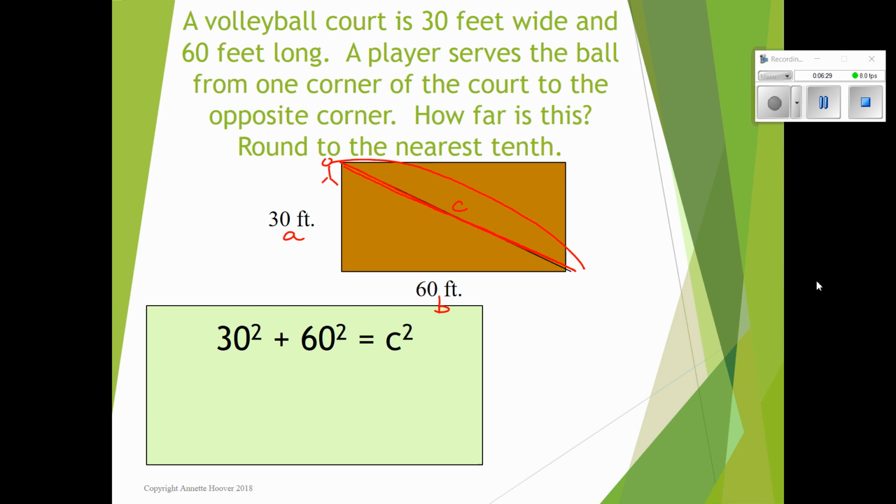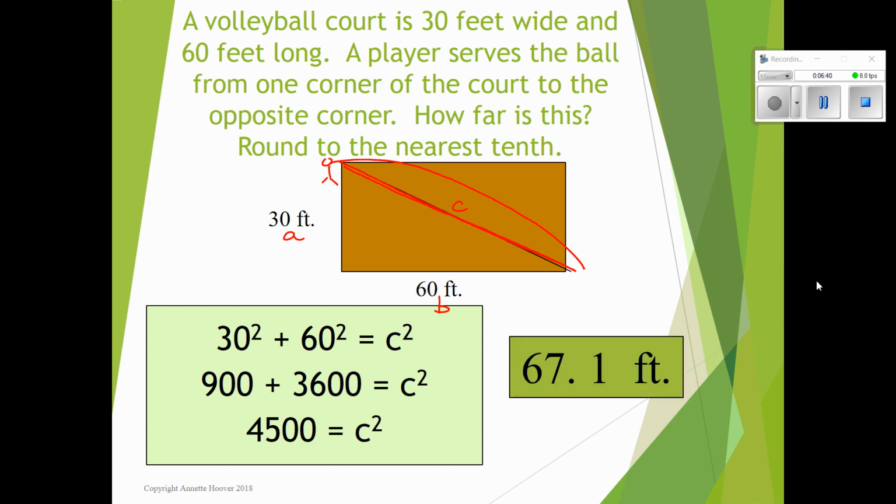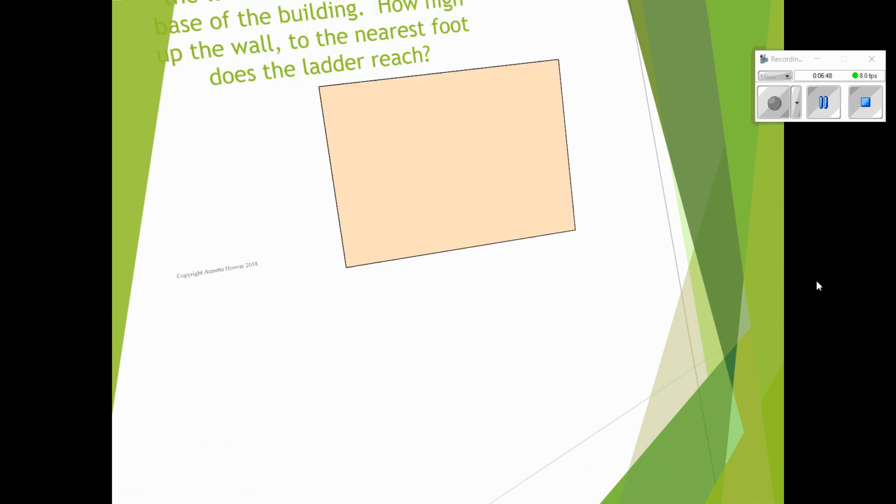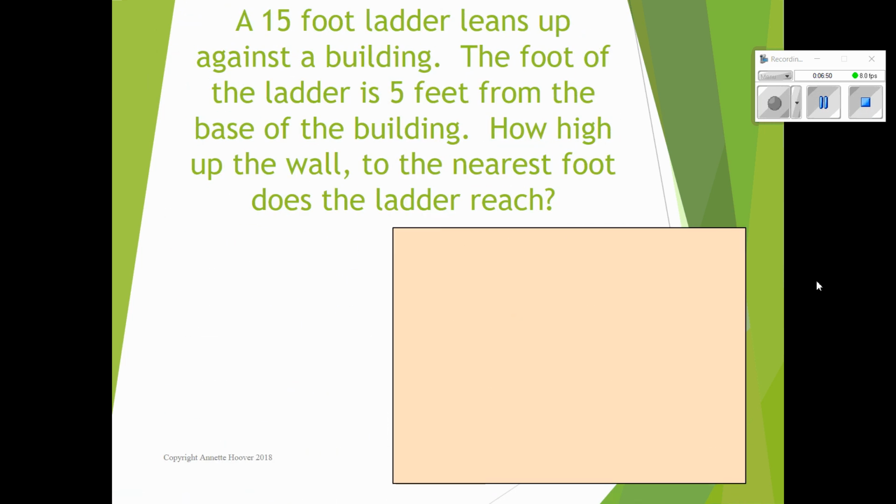So when we plug in those numbers, we would have 30 squared plus 60 squared equals c squared. We square both of those numbers, 900 plus 3,600, add them together, take the square root, and it would be approximately 67 and 1/10 feet. Again, you're just using the Pythagorean theorem to find a missing side.